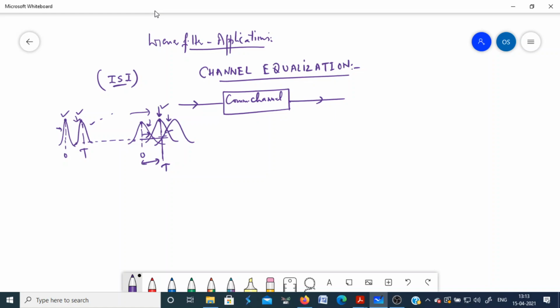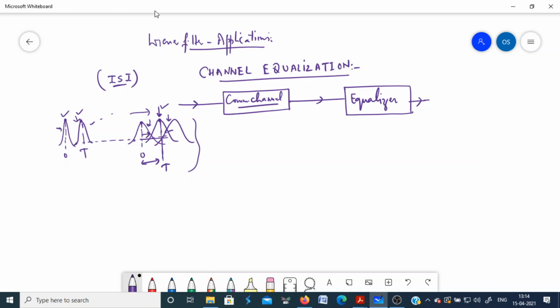In order to avoid this effect of inter-symbol interference, we use an equalizer before the receiver, which is called a channel equalizer. The effect of the equalizer is basically to neutralize the effect of the channel.